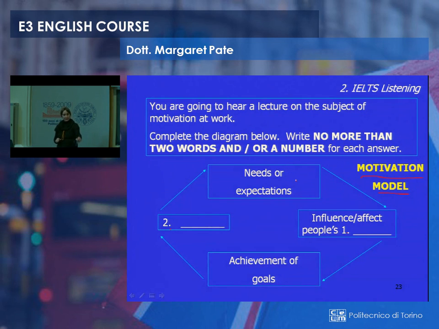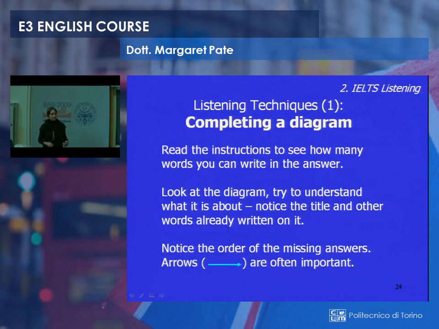So we're not going to go from here and then to here, but here in a clockwise direction. So, summarizing this, read the instructions to see how many words you need to write in the answer. Look at the diagram, try to understand what it is about, notice the title and other words written on it. Notice the order of the missing answers. Arrows, frecce, are often important.